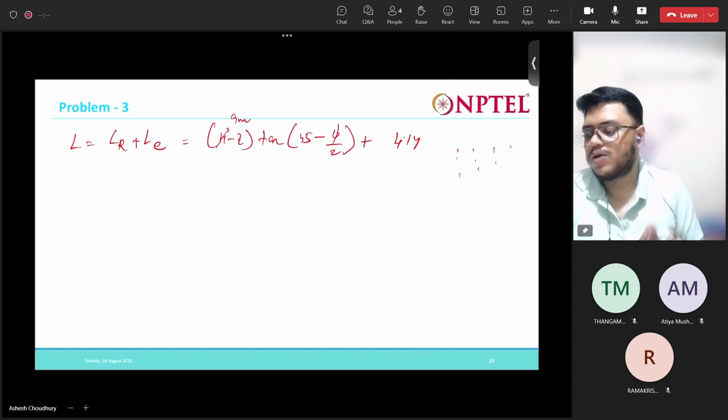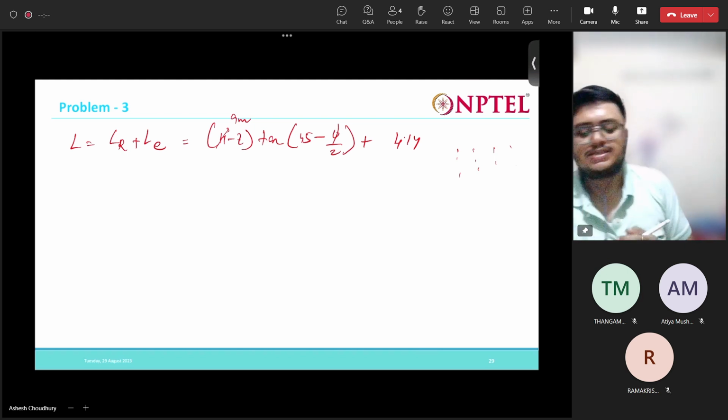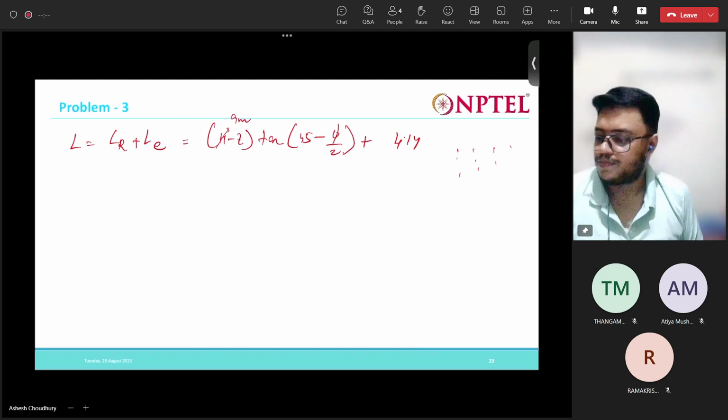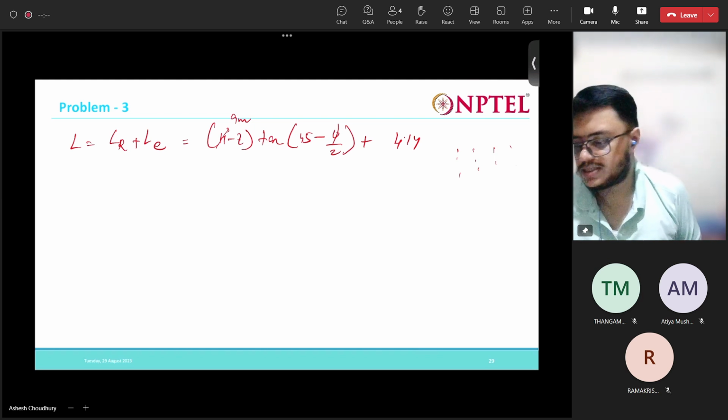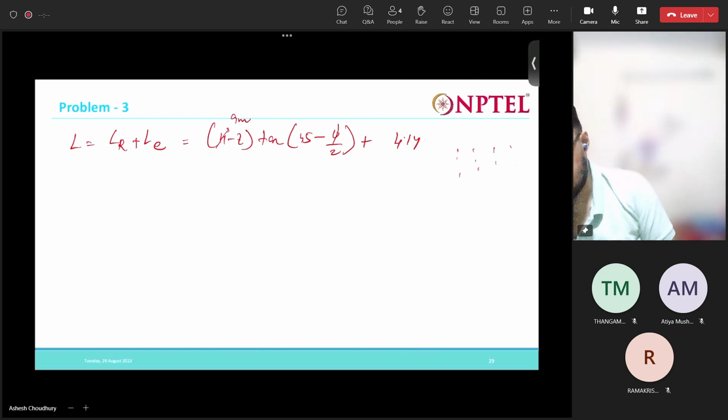All right, now comes this external stability check. Now first is the sliding. So what is the factor of safety in sliding? Resisting force divided by the driving force. Okay, now what is the resisting force?